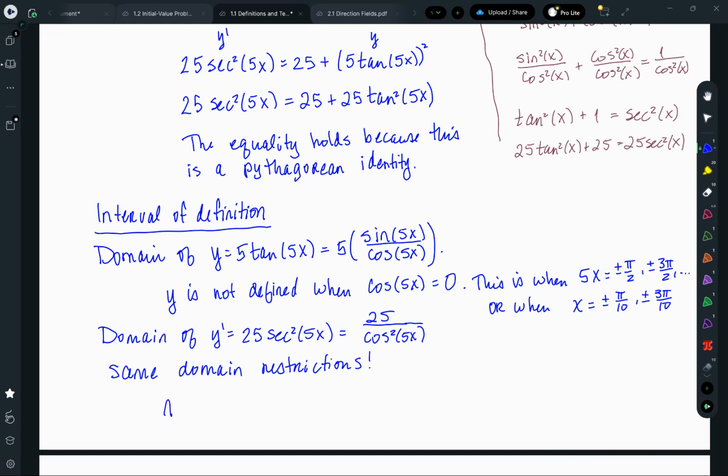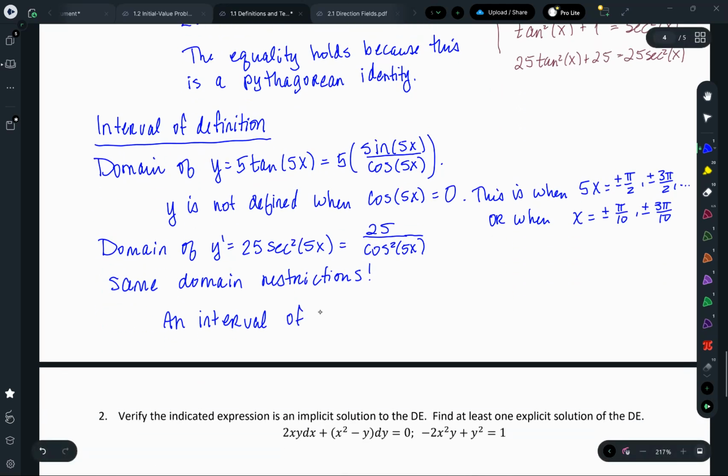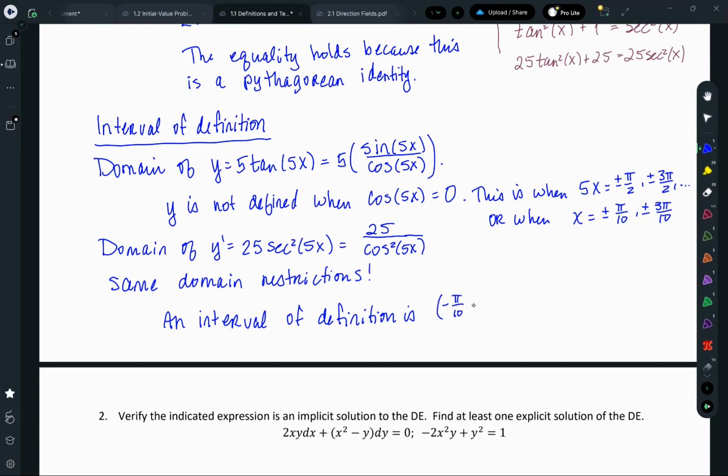And so an interval of definition is, well, one of them would be from minus pi over 10 to positive pi over 10.